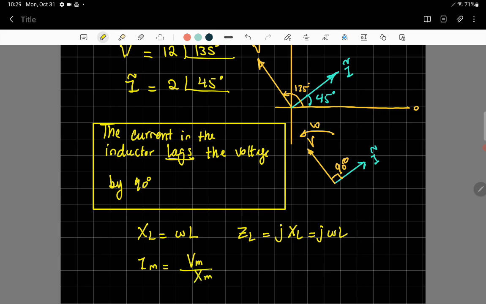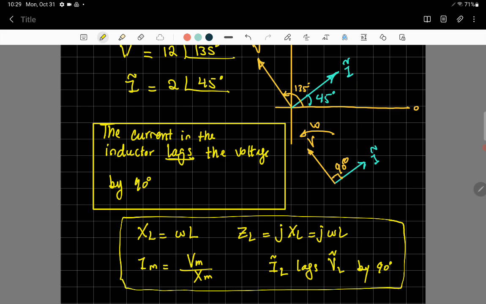I'm talking about the magnitude, right? And the current in the inductor lags the voltage across the inductor by 90 degrees. That's a very important result.